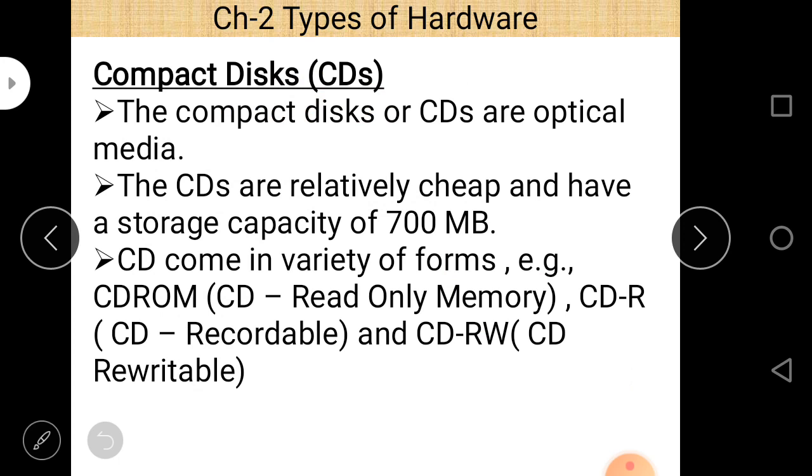And CD comes in a variety of forms: CD-ROM, CD read only memory; CD-R, where R refers to recordable; and CD-RW, which means CD rewritable.